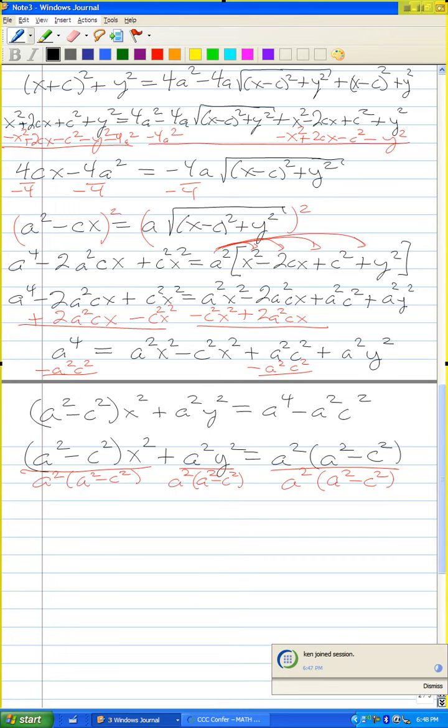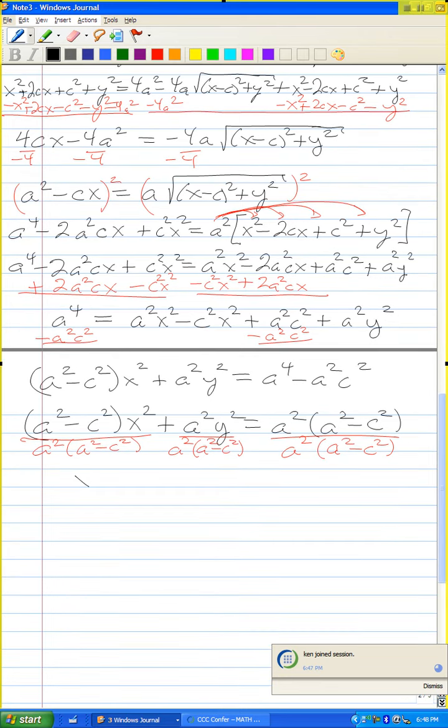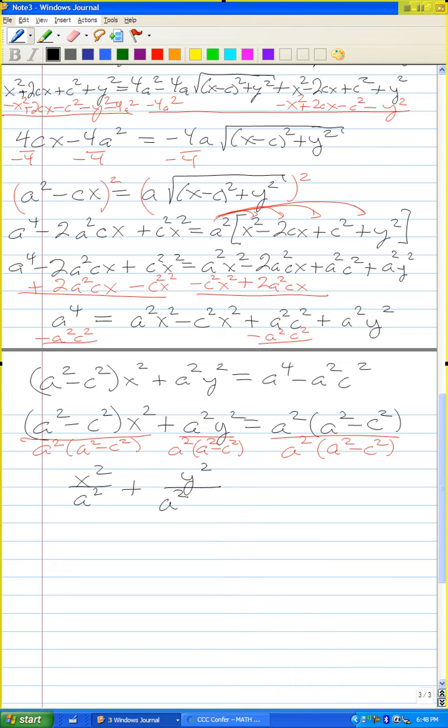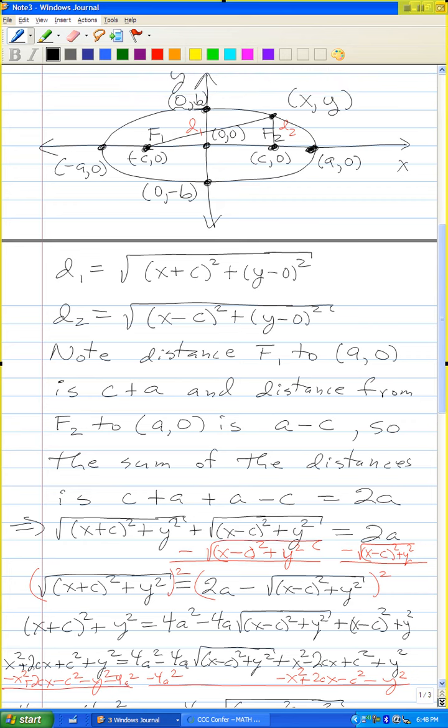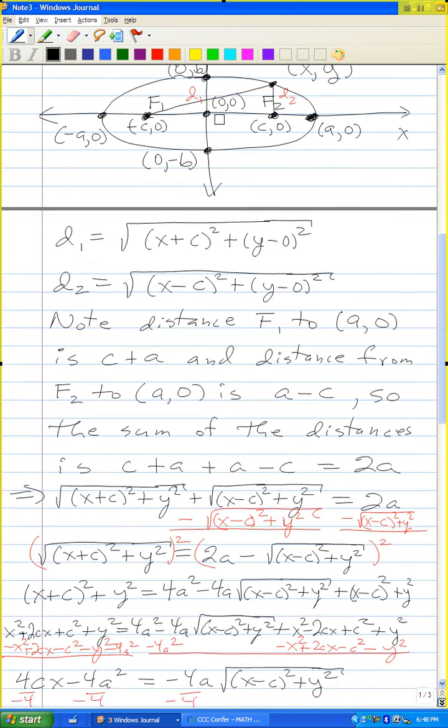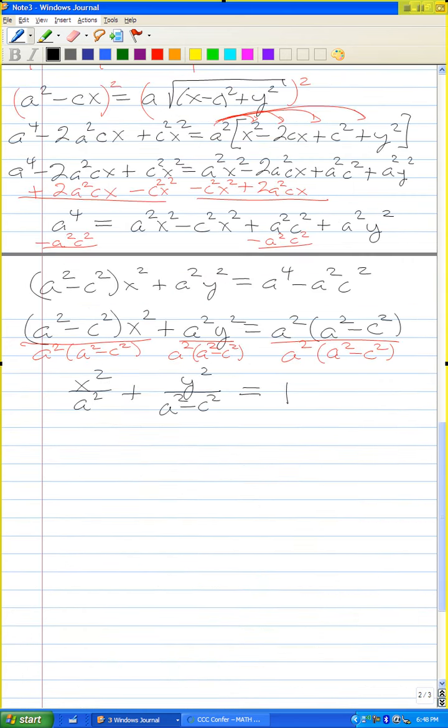So I just have x squared over a squared plus y squared over a squared minus c squared is equal to 1. And what you notice here is that b squared is equal to a squared minus c squared.